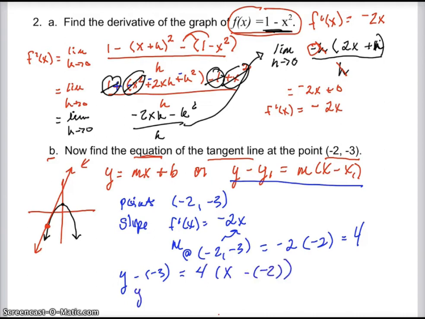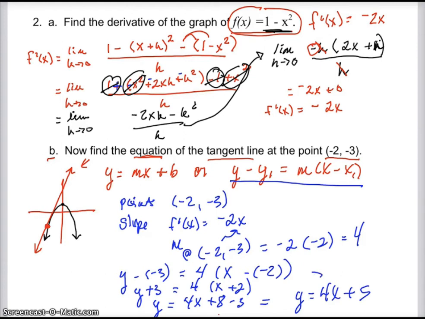So we now have y plus 3 is equal to 4 times x plus 2, or y is equal to, remember to distribute the 4, 4x plus 8, and then I'll need to subtract 3 from both sides. So my equation is y equals 4x plus 5. That's the equation of this line that is tangent to the function at the point -2, -3.